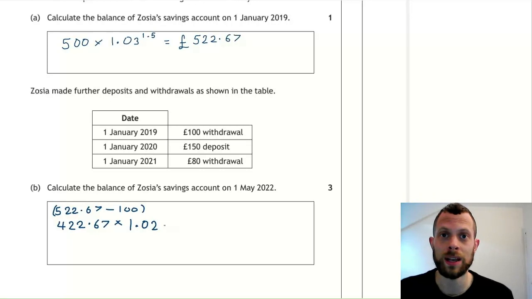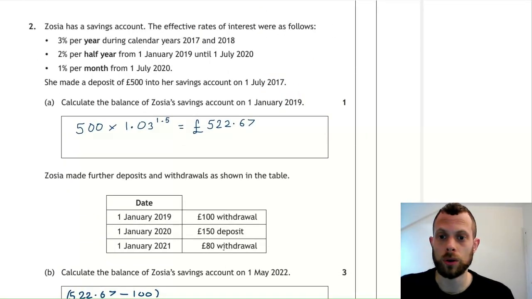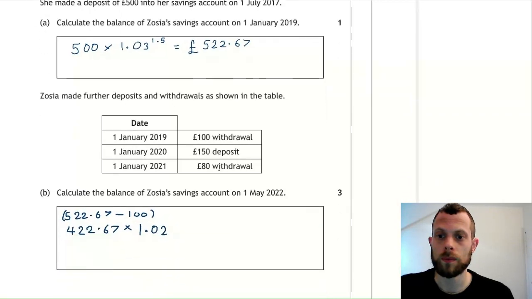The first one is per year, but this one is per half year. We're doing this for an entire year, so there are 2 half years in a year. So we do it to the power of 2. You could do 1.02 times 1.02, but doing it to the power 2 is shorter and quicker.